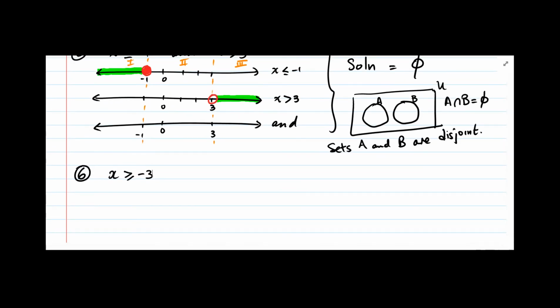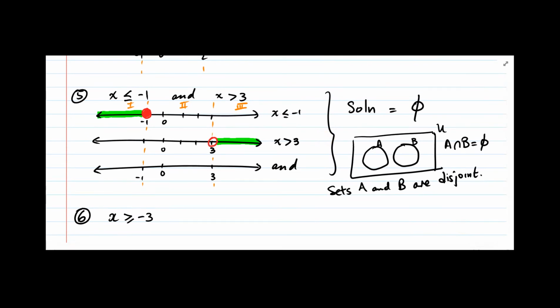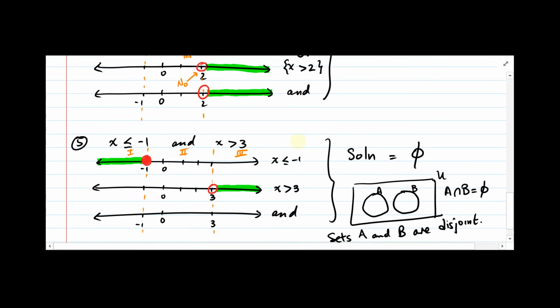X is greater than or equal to -3. Oh, right. One of the students just asked whether you can get every possibility with these combined inequalities.